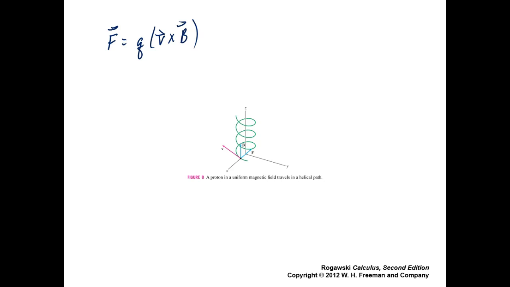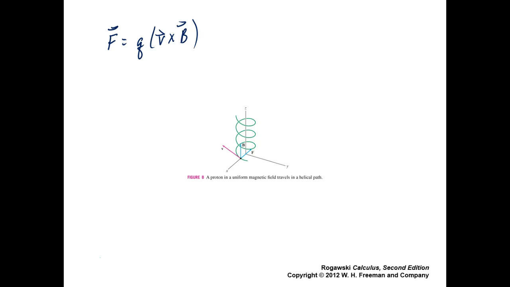But if it's perpendicular to B but with an angle, a tilt to it, that's what gets it moving in the helical path and climbing. Okay, so I don't know if that's all that clear or not, but it comes from F is equal to QV cross B.